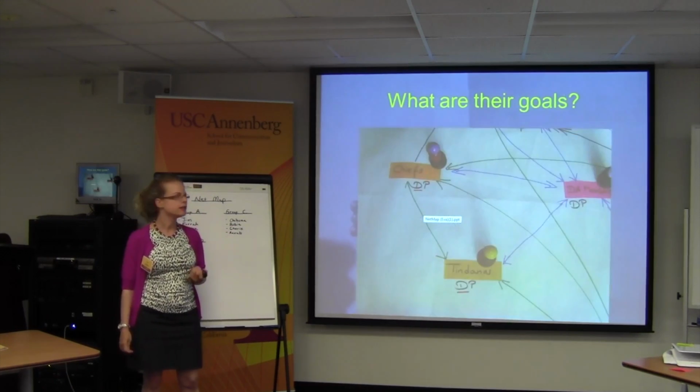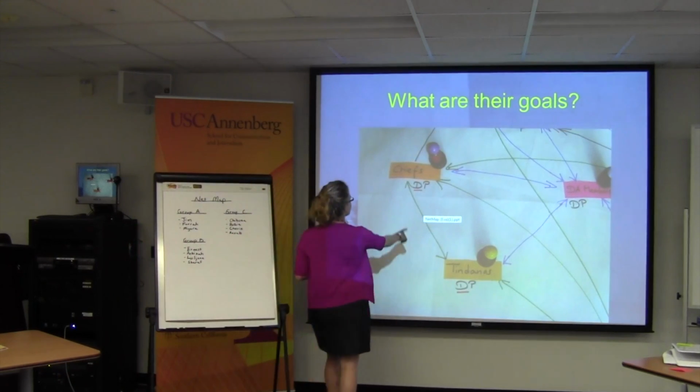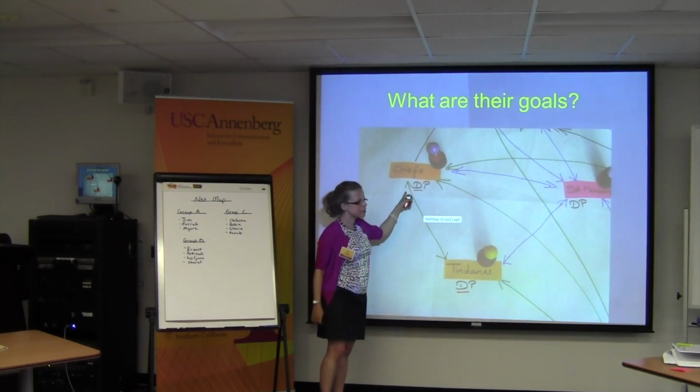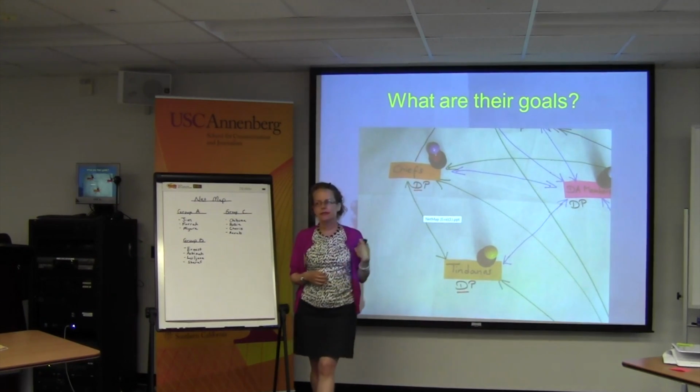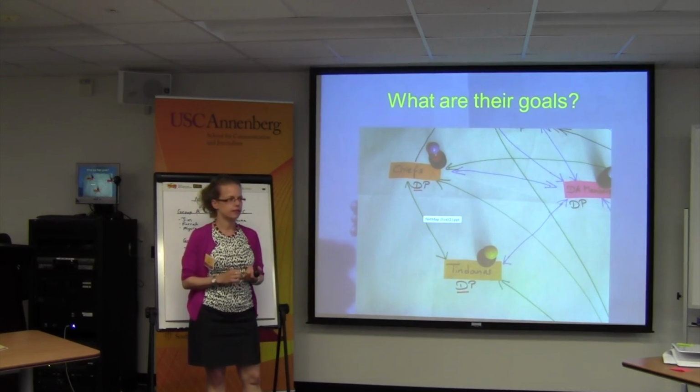And then you want to know what their goals are, and that's these, in this case, just abbreviations. In the case of water governance in northern Ghana, we had some development actors whose main goal was economic development, and some environmental actors whose main goal was protection of the environment.